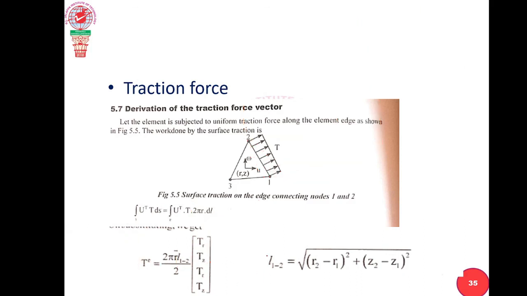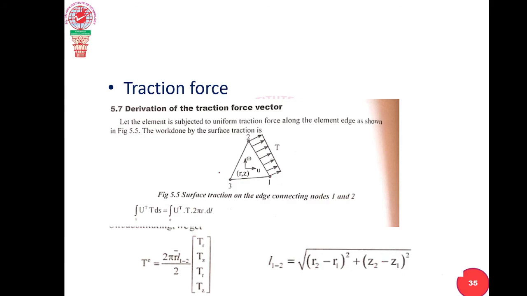Therefore, how do you find L? L is nothing but the root of R2 minus R1 whole square plus Z2 minus Z1 whole square. I'll repeat: R2 minus R1 whole square plus Z2 minus Z1 whole square. What is R2?